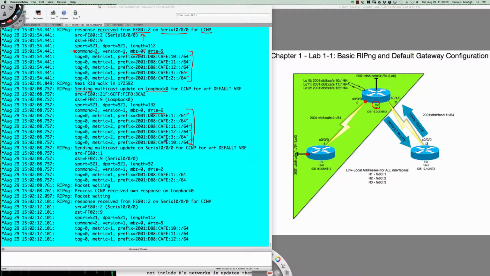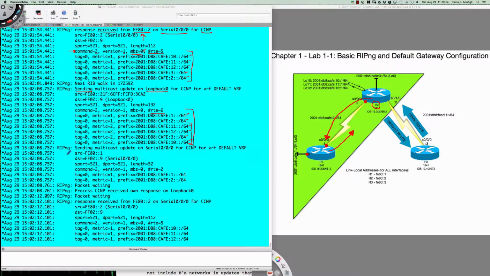Now remember, that's going out this loopback interface here. So we have split horizon is on. And what does split horizon say? Well, split horizon says that if I receive an update and I'm learning routes in through this interface from router 2, then I cannot turn around and advertise those same routes back out the same interface over to router 2.